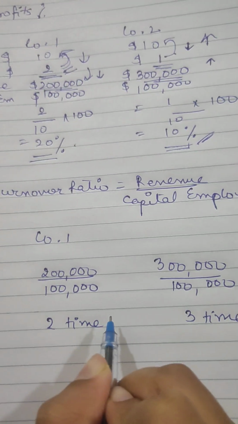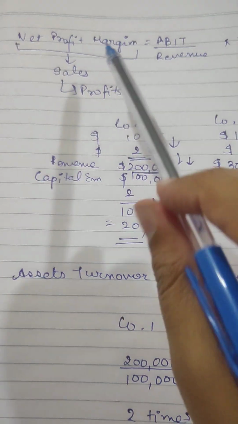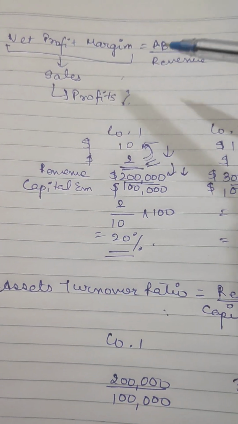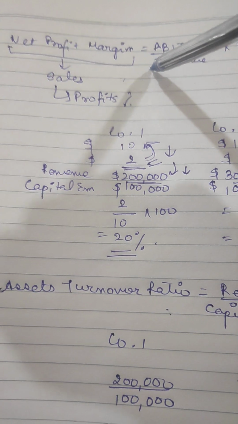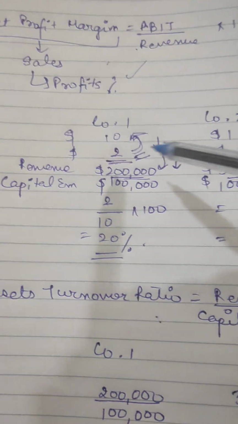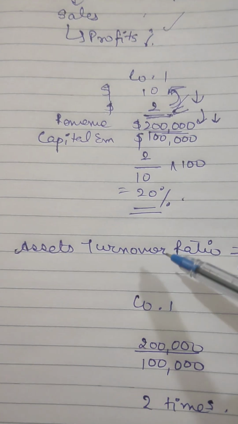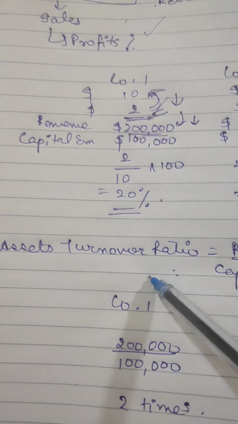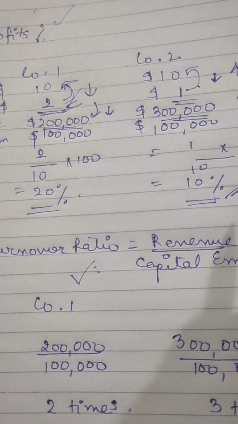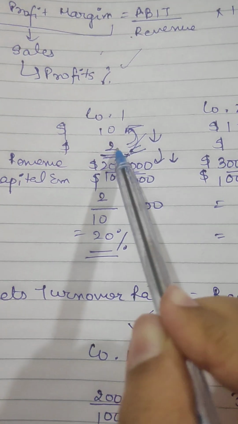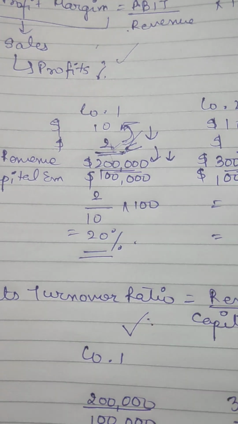So what we are understanding from both this ratio, net profit margin and asset turnover ratio, is in case of net profit margin, our net profit margin will be high when the profit per product is high. But when we come to asset turnover ratio is determined on the basis of the sales, that is revenue, and not on the profit per product we are receiving.